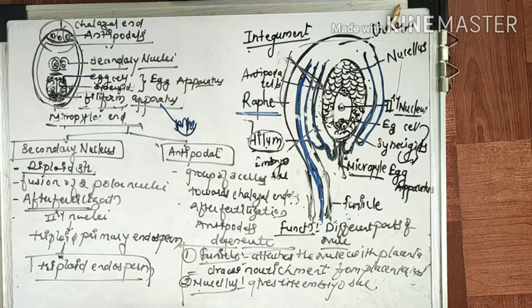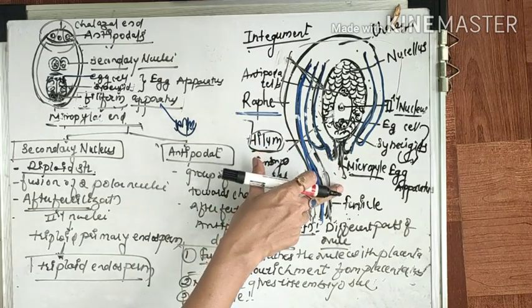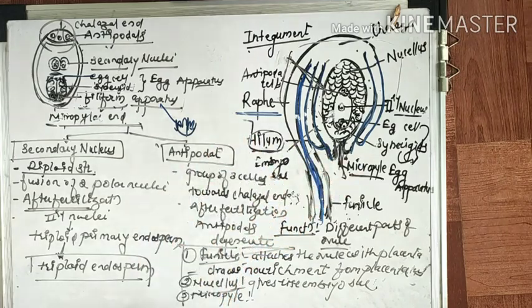Then the third part we studied is called the micropylar end, or micropyle. It is a passage for the pollen tube before fertilization, and it also serves as the entry of water during seed germination. So it has two functions.